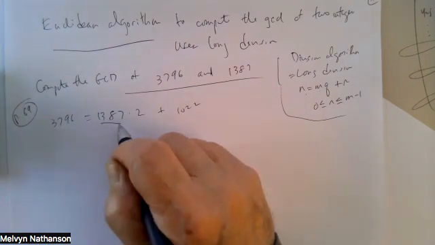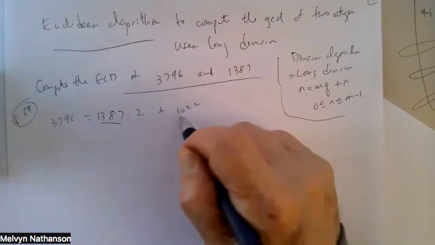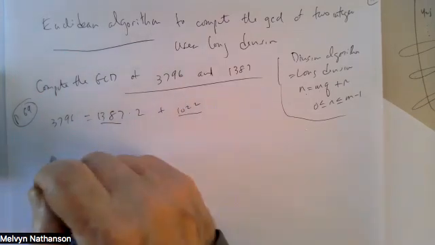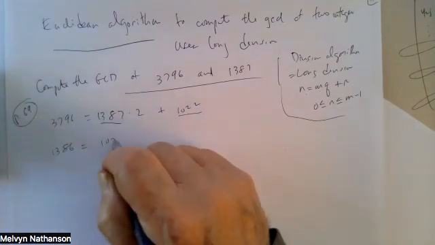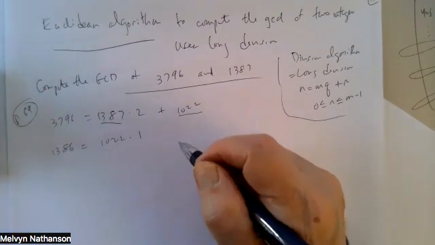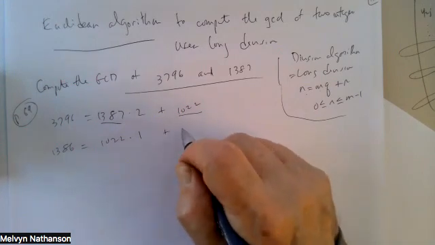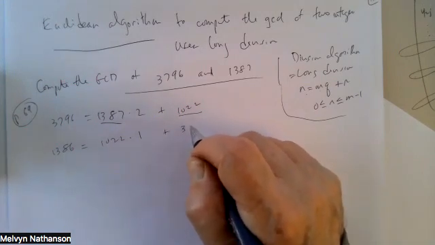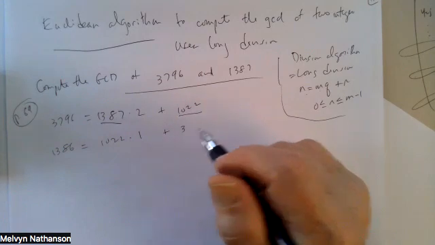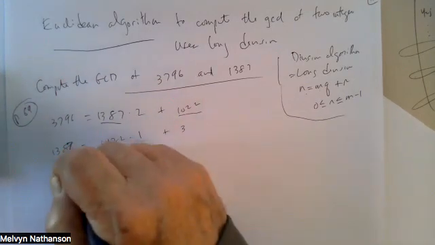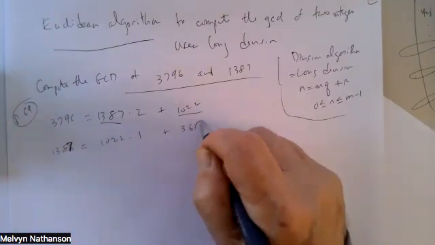Then you take this number 1387 and you divide by your remainder. 1387 divided by 1022 clearly goes one time, and it leaves a remainder of 365.